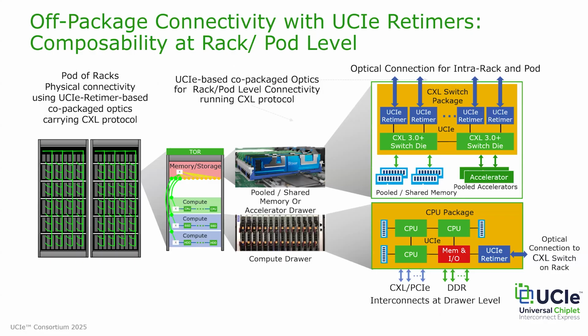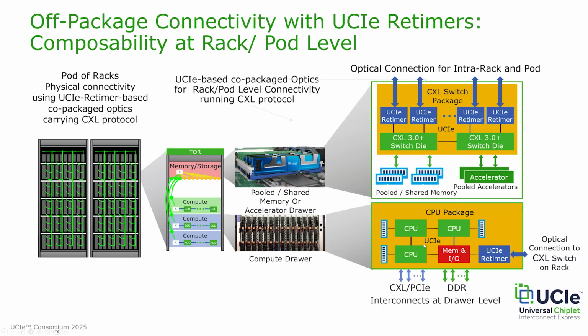UCIe retimers that we saw here are a novel concept that we introduced with UCIe 1.0, and they help with off-package communication. If you look at the picture here, you have your UCIe-based retimer and an optical connect, and it can go over and come to a central entity where you might have a set of pooled or shared memory, pooled accelerators, those kinds of things.